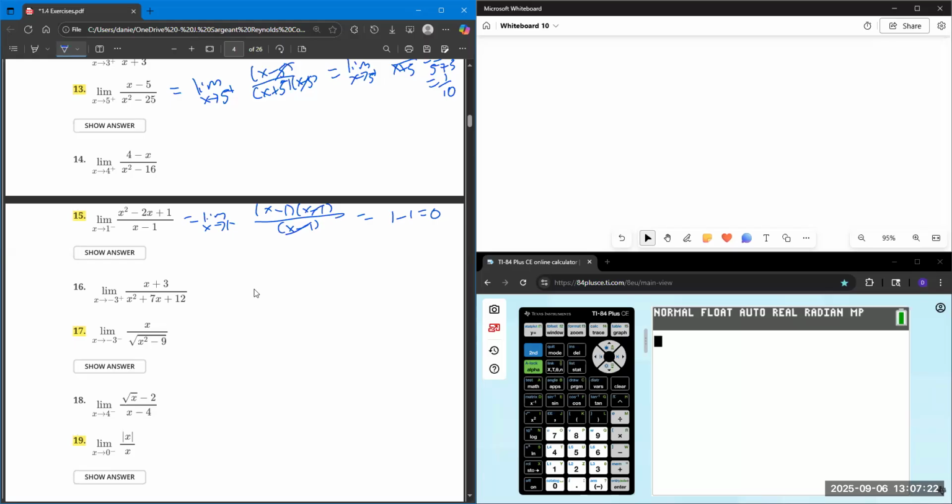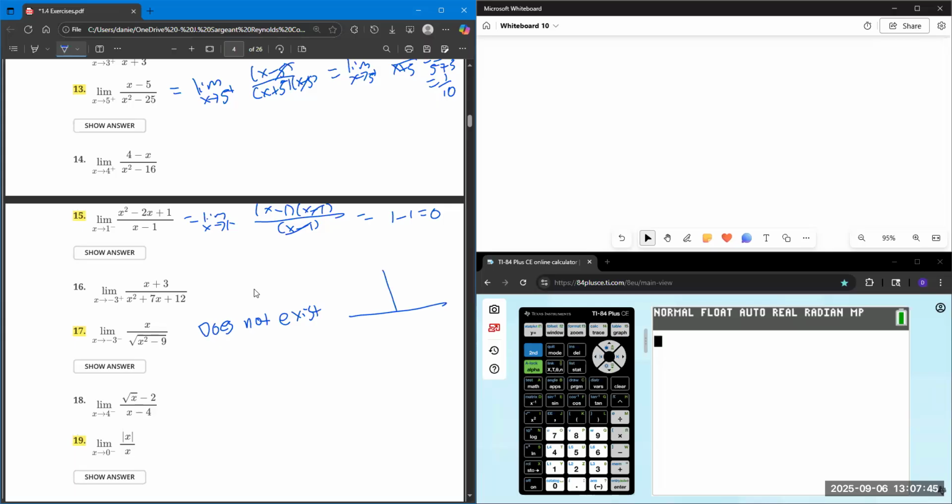Let's multiply. This limit does not exist. Does not exist. We examine the graph of this function.